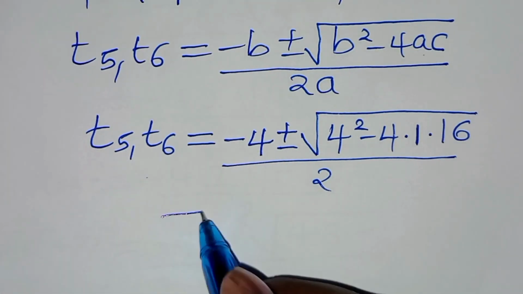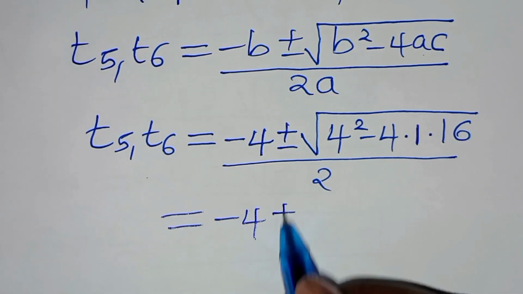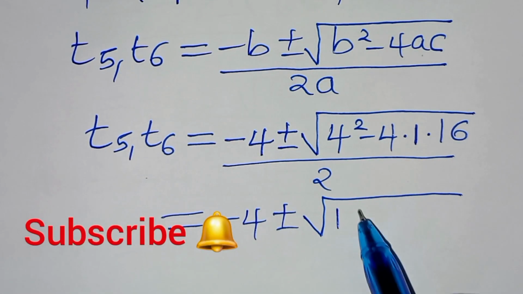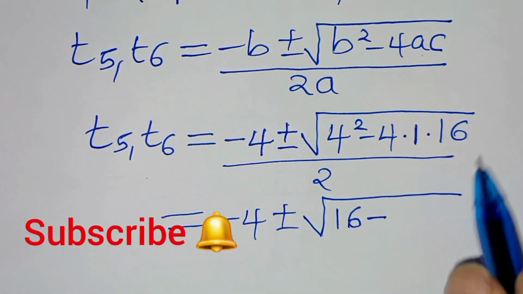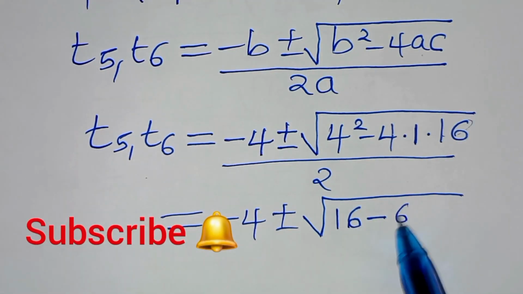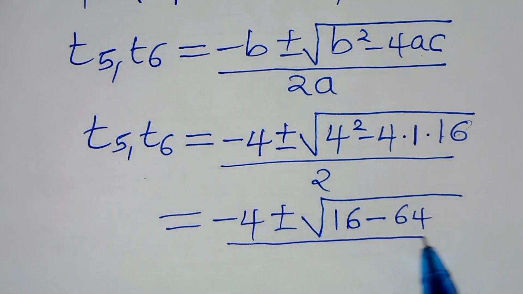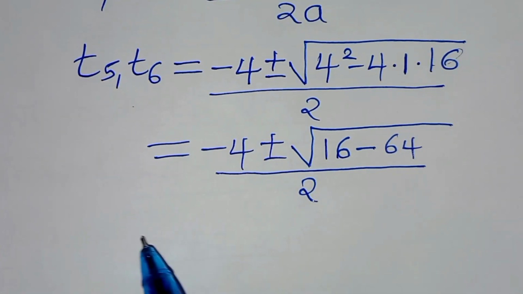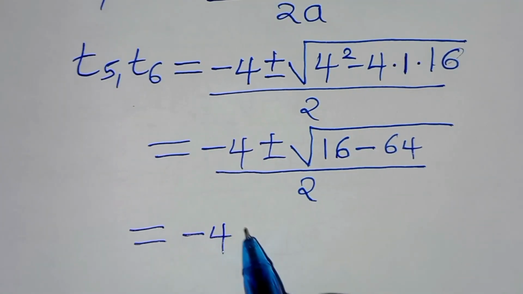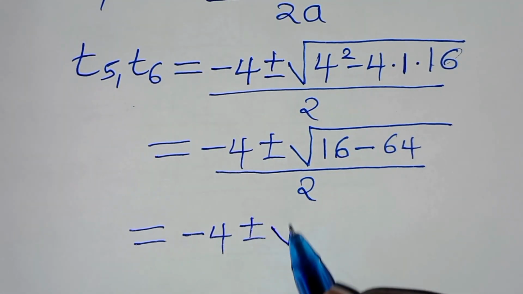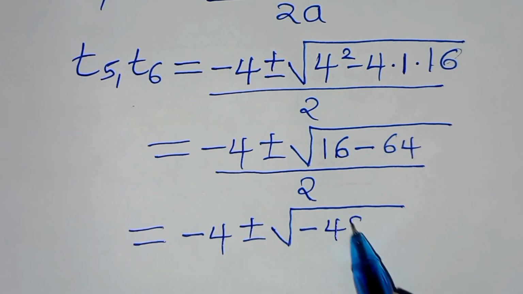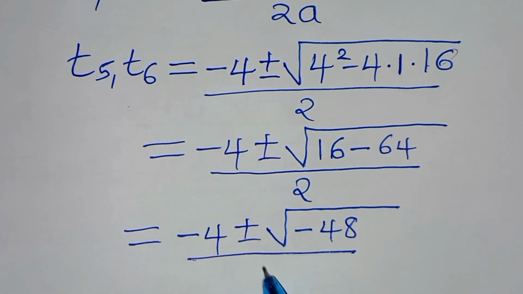So this implies we have minus 4 plus or minus the square root of 4 squared, this is 16, minus 16 times 4, this is 64, over 2. So now we have minus 4 plus or minus the square root of 16 minus 64, this is minus 48, over 2.